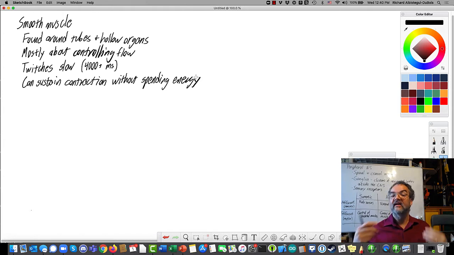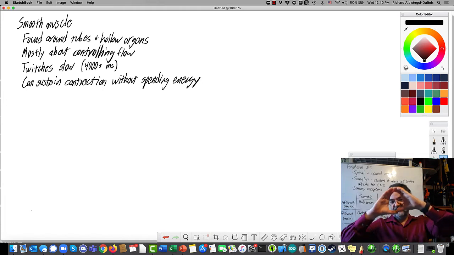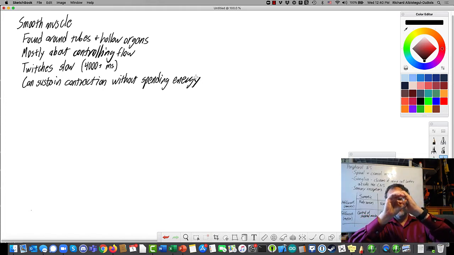But either way, I have to keep spending energy to keep that muscle twitching to sustain a contraction. Smooth muscle, through a mechanism that we don't really understand yet, can do something called latching, where if this is a ring of smooth muscle, it can contract and then latch in that contracted state so it doesn't relax. But it doesn't have to keep spending energy to stay in that contracted state.